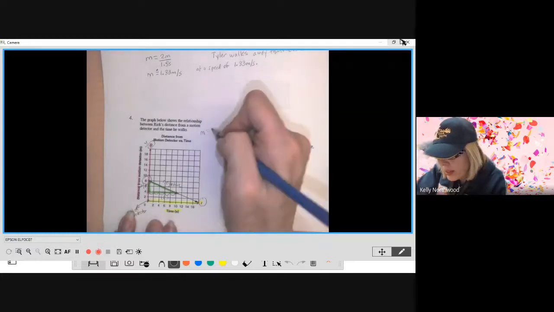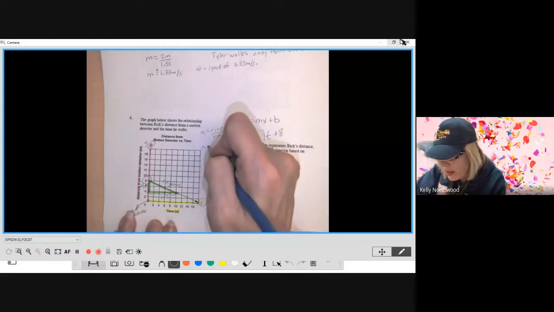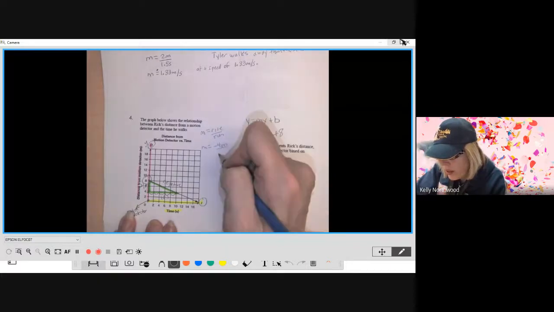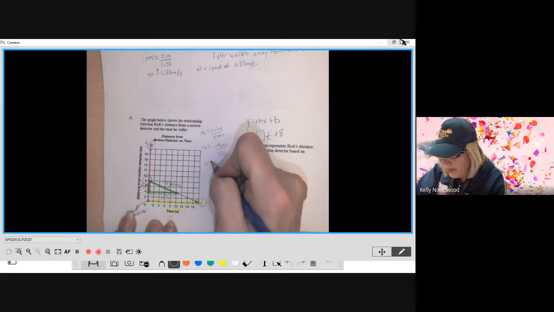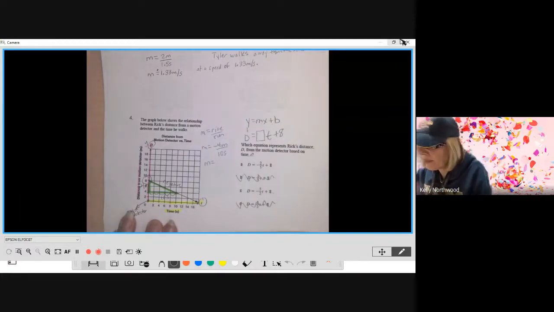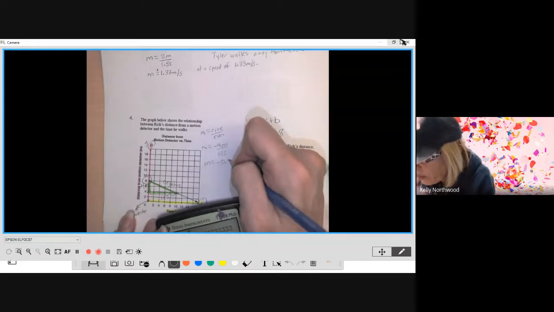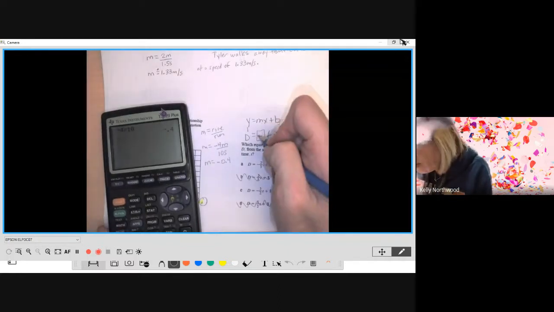So slope is rise over run, which is negative 4 meters over 10 seconds, which is negative 0.4. So negative 4 divided by 10, negative 0.4.